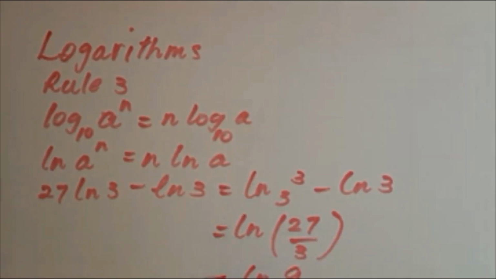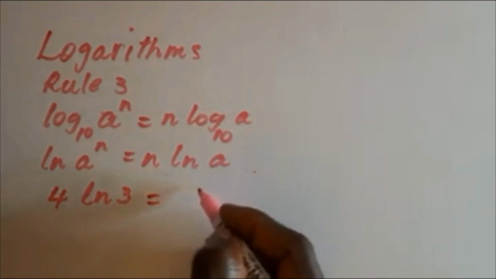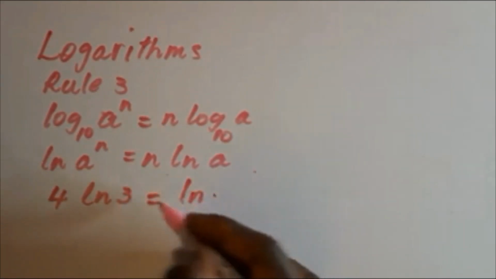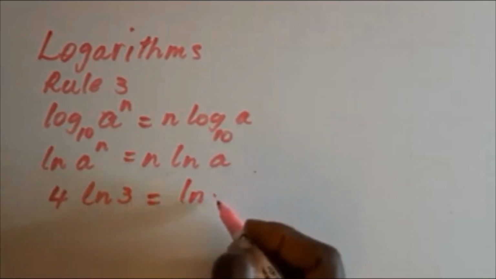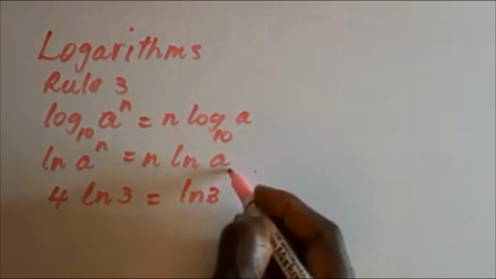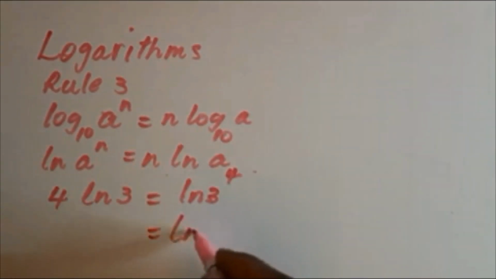So from this we simplify it to ln 9. What about this? 4 ln 3, well, this is equal to ln, this is the base 3, and we're raising it to the power of 4, which we can simplify to ln 81.